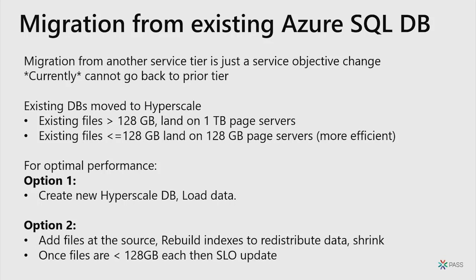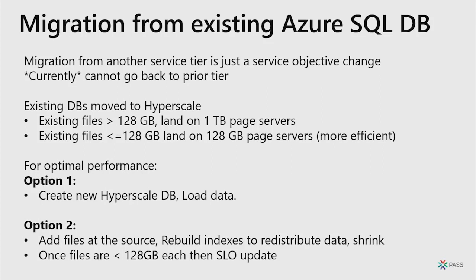And so option one is the easier one, to be honest, if you can afford the copy aspect. So copy into a new hyperscale database. In particular, if you have like a 1 terabyte file and you're just using 100 gigs in it. When you have a 1 terabyte page server, you're still going to use that page server a lot for all new data until it fills up before we spawn up new page servers, right?